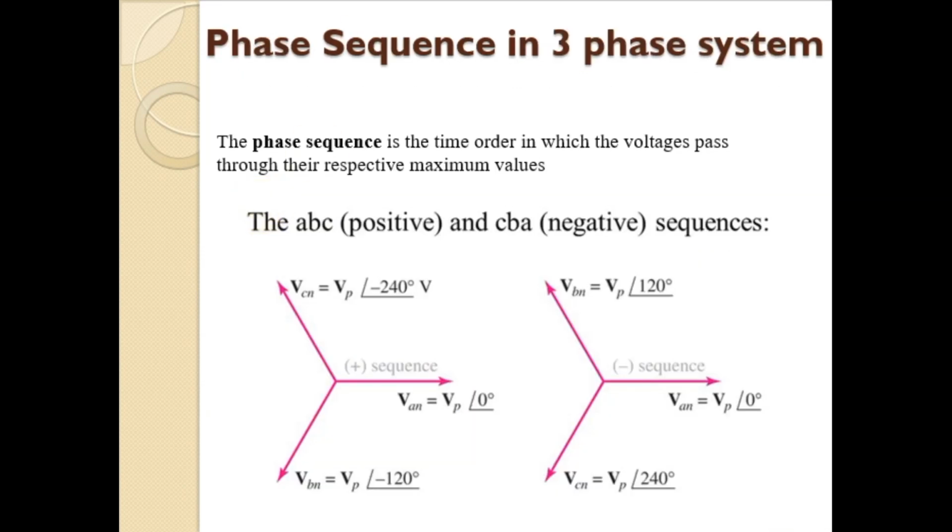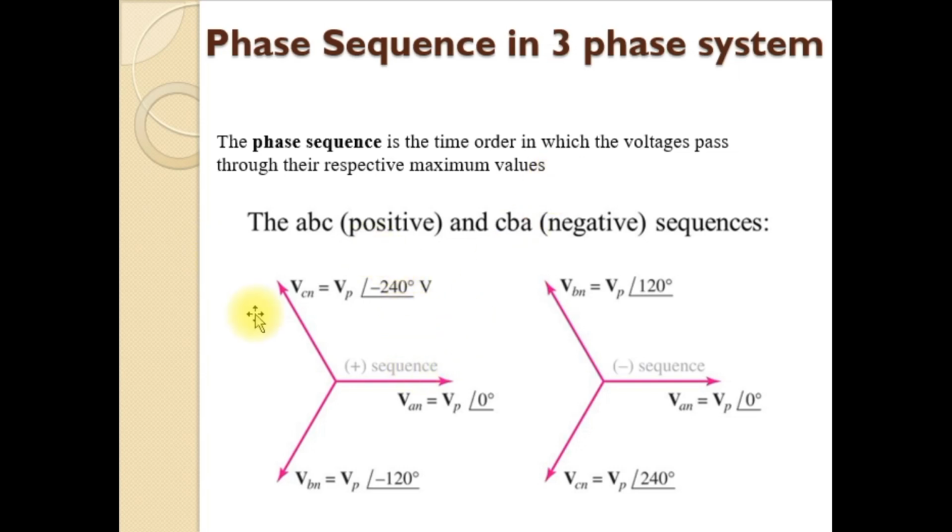The phase sequence in a three-phase system is the time order in which the voltages pass through their respective maximum values. The phase sequence is important in the operation of especially induction motors. If the phase sequence is reversed, the direction of the rotation of the three-phase motors will be reversed.